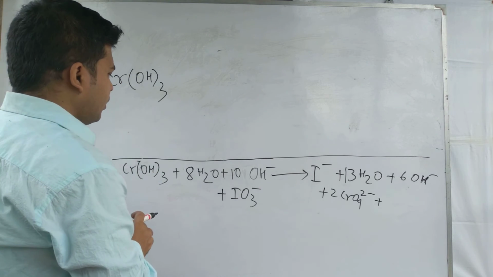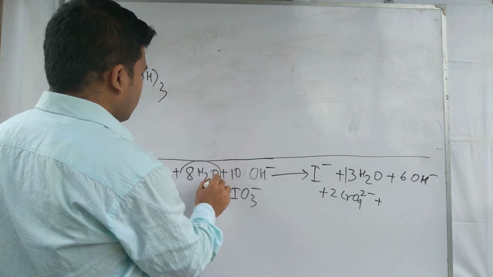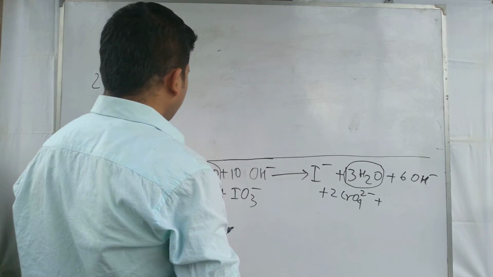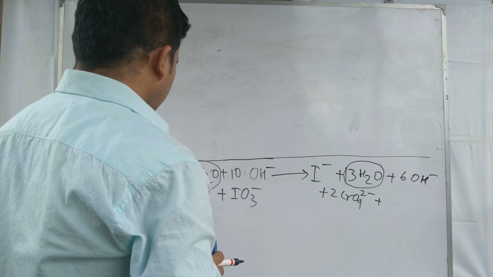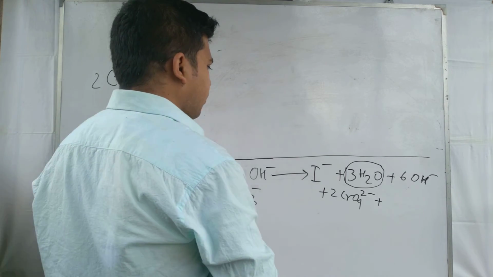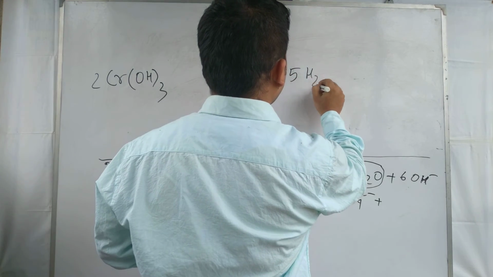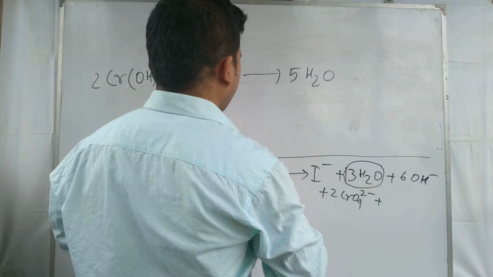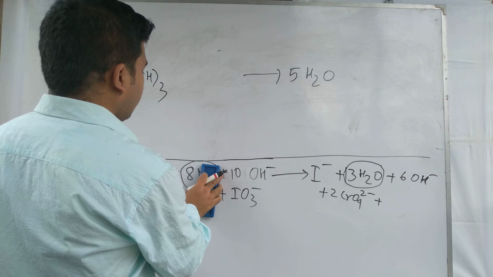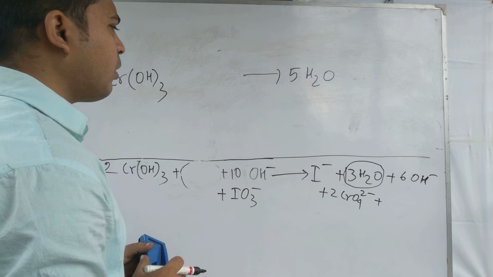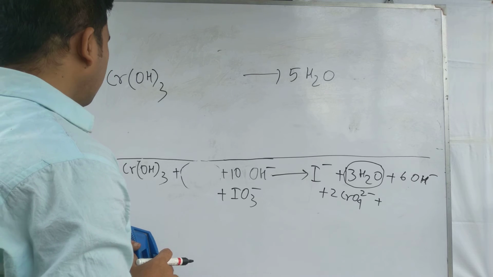And right now see, 8 water and 13 water, the difference is 5 water. We have to place 5 water on the right hand side and on the left hand side no water.